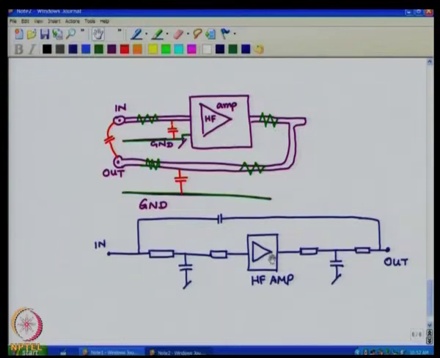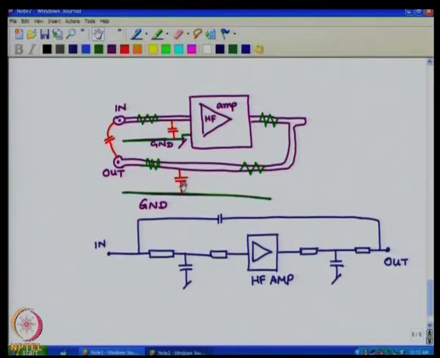What effectively happens is that the bandwidth of the high frequency amplifier gets limited. Because of these low pass filters, the bandwidth is much lower than what you would actually have designed. These are some of the effects that would come into play if you are not careful.